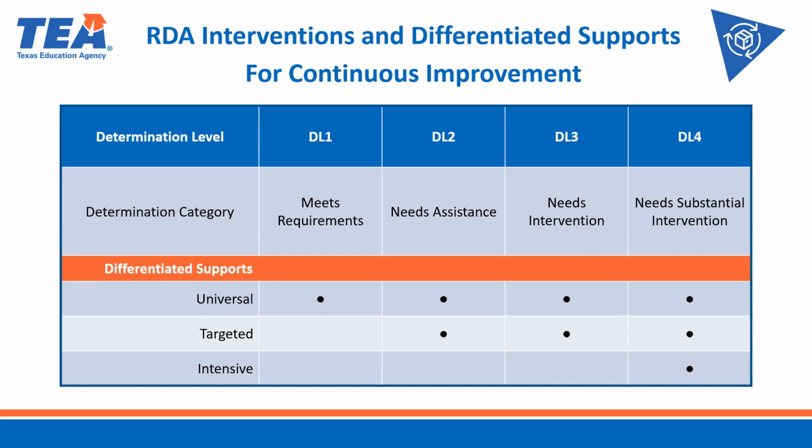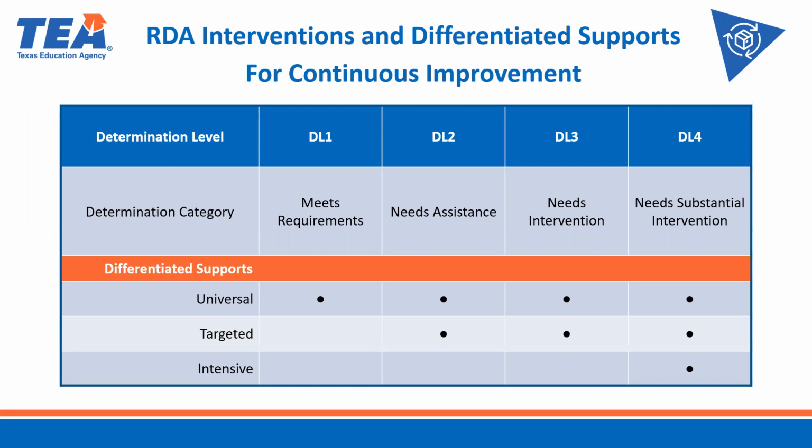Targeted supports are designed to address the needs identified through RDA indicators and to assist LEAs' efforts to improve educational outcomes for students. LEAs participating in targeted supports benefit by implementing improvement activities that directly address needs, increase the LEA's capacity to resolve the root cause or causes of performance gaps, and establish a culture of continuous improvement.